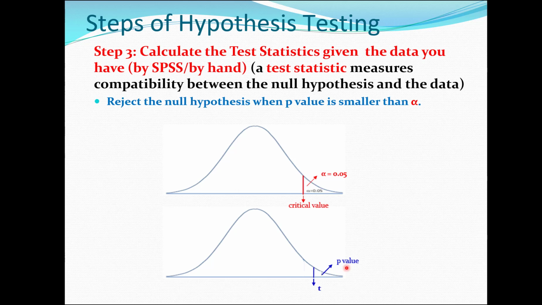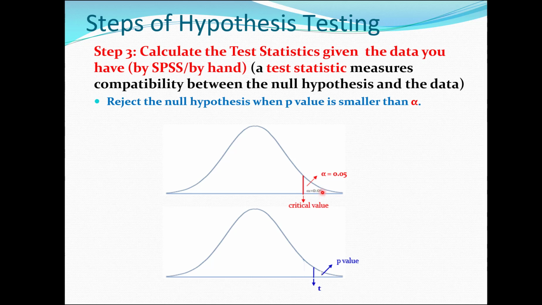When p-value is smaller than alpha, and we reject the null hypothesis, if we lay this graph on top of this one, p-value smaller than alpha means p-value will be within this alpha.